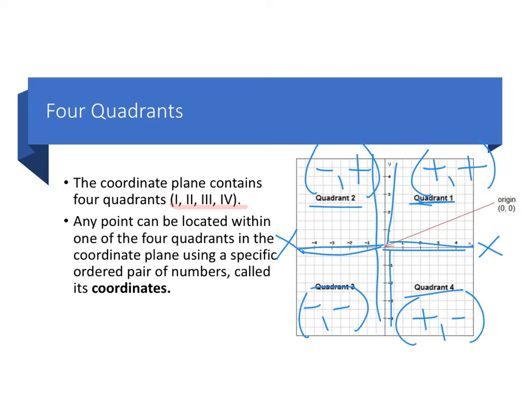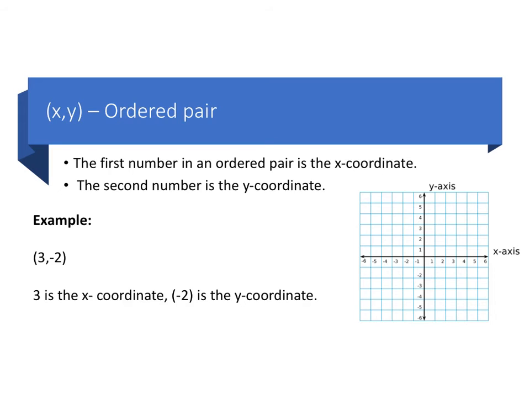Any point can be located within one of these four quadrants using what we call an ordered pair of numbers, and those are called its coordinates. We have an x and y ordered pair. The first number is our x coordinate and the second number is the y coordinate, meaning the x coordinate will always be horizontal and the y coordinate will always be vertical.